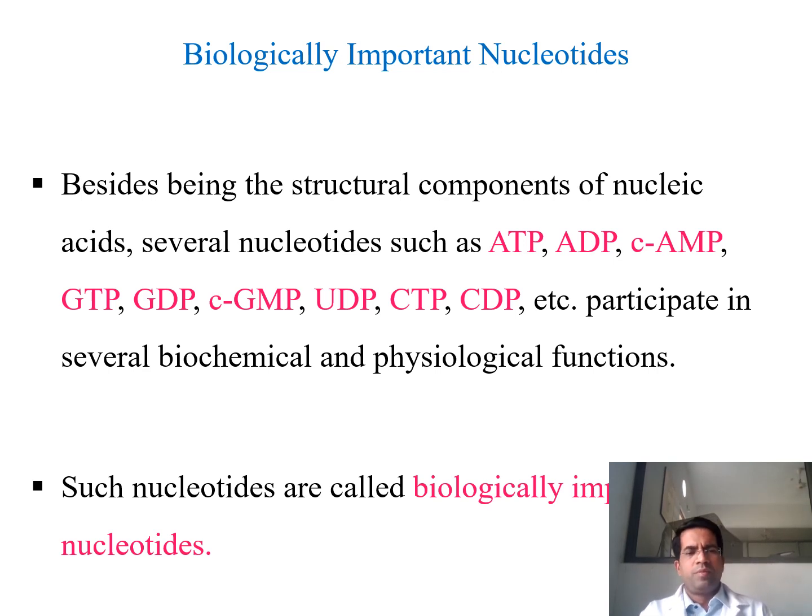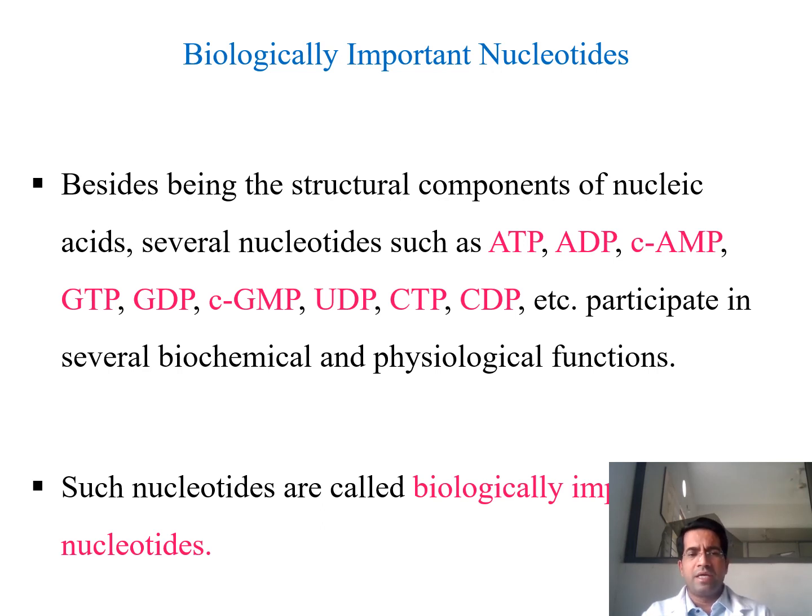Besides being the structural component of the nucleic acids, several nucleotides like ATP, ADP, cyclic AMP, GTP, GDP, cyclic GMP, UDP, CTP, CDP participate in several biochemical and physiological functions. Such nucleotides are called biologically important nucleotides.